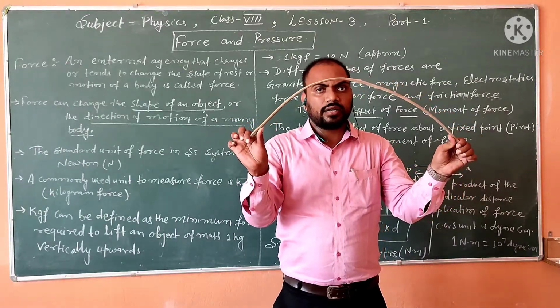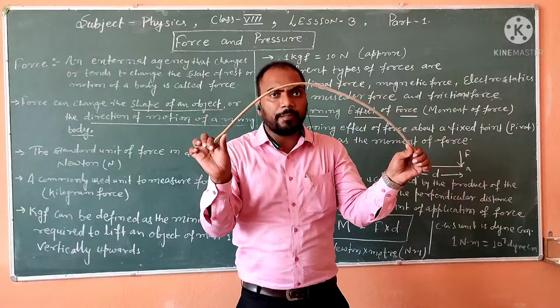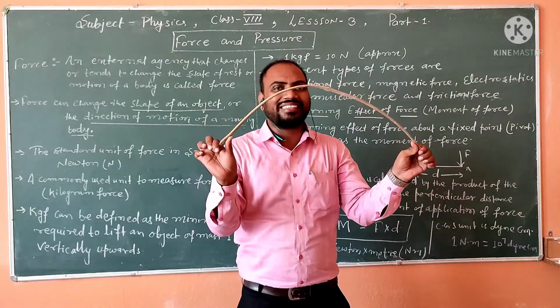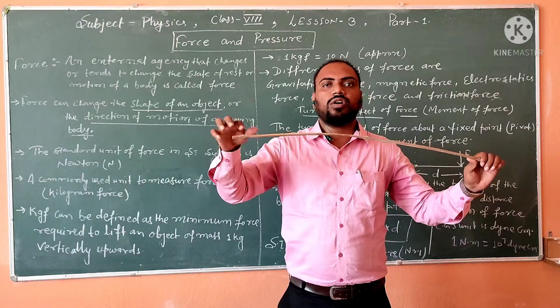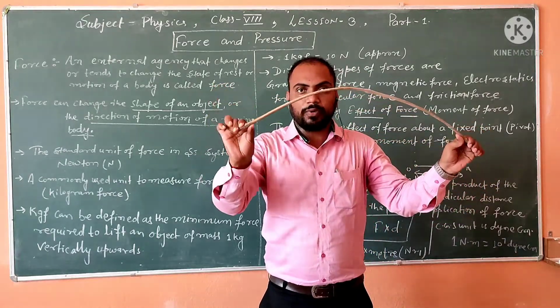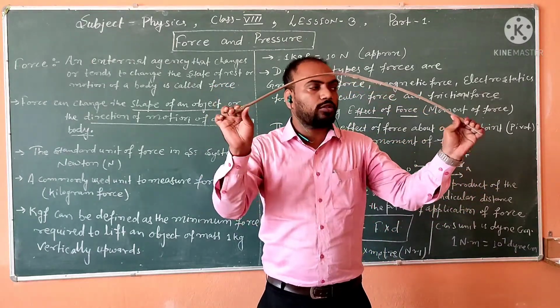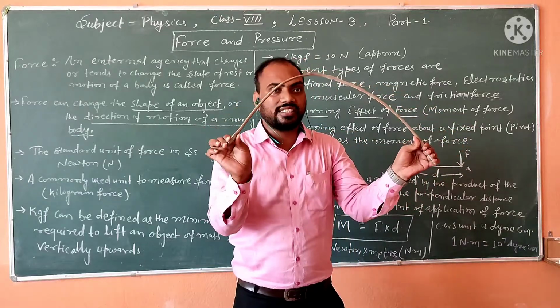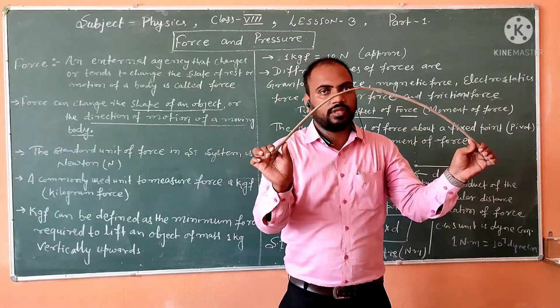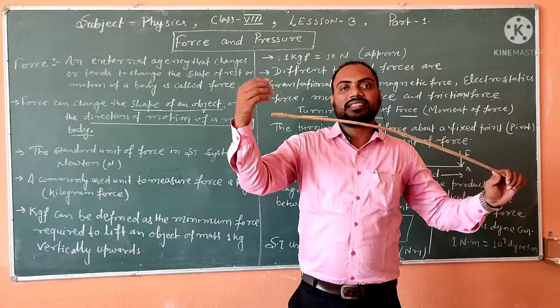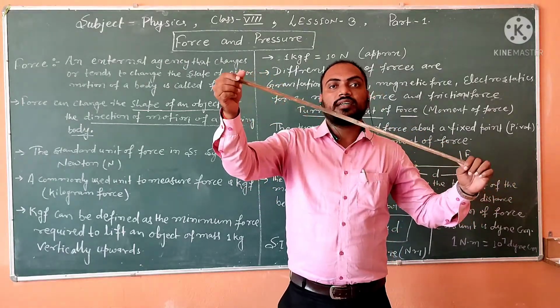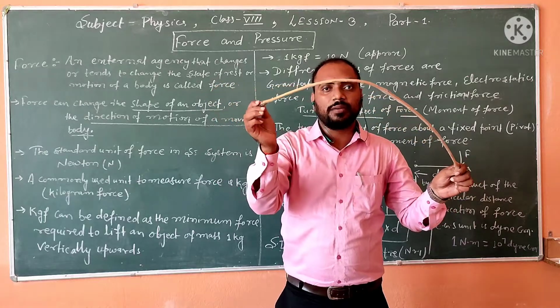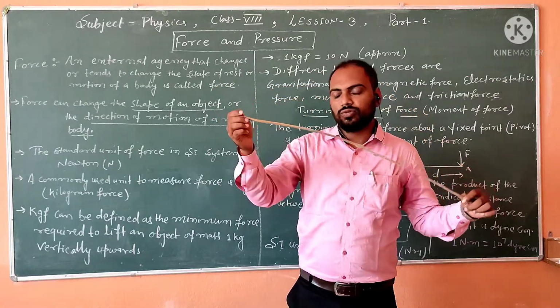It means that what I am applying to bend this stick, that agency, is called force. I am applying some force by two hands on this stick to bend it. That external agent which tries to change its shape is called force.